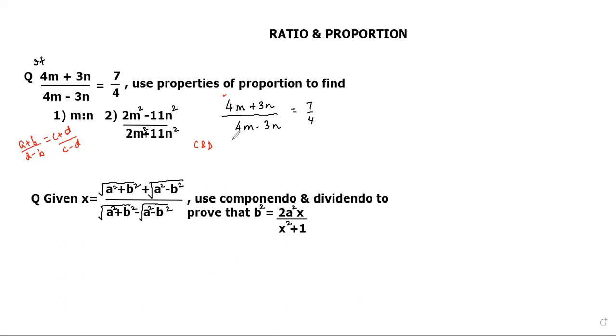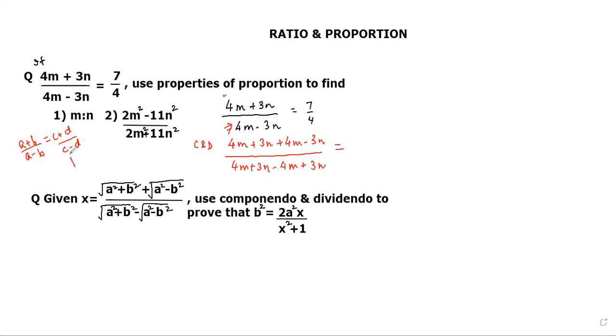So using it here, this is 4m plus 3n, this is A, adding B to it, which is the denominator, 4m minus 3n, and then dividing the whole by A minus B. So what is A minus B? 4m plus 3n minus of 4m minus 3n, and minus of minus will become plus 3n. So this is componendo and dividendo on the left hand side.